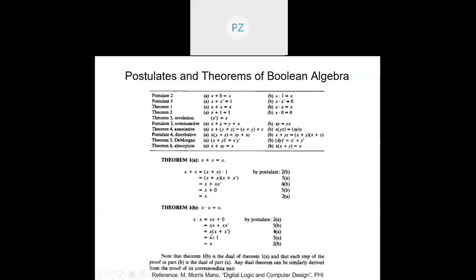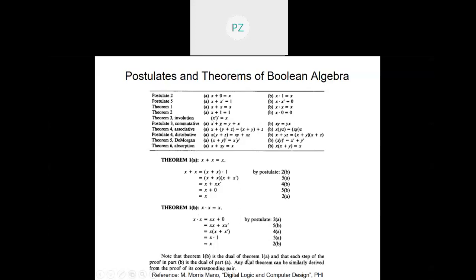So now using the distributive property again, 4a, and x plus x bar is equal to 1 from postulate 5a. So this is x dot 1, and x dot 1 is x from postulate 2b. So I can prove that x dot x is equal to x.